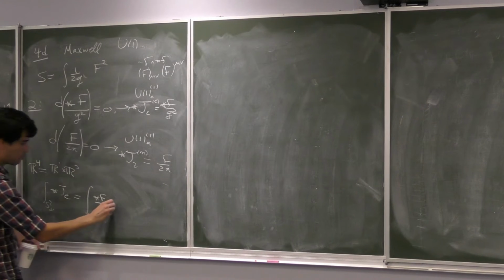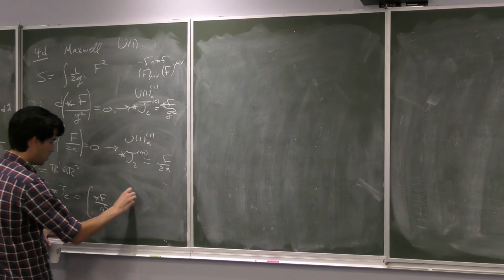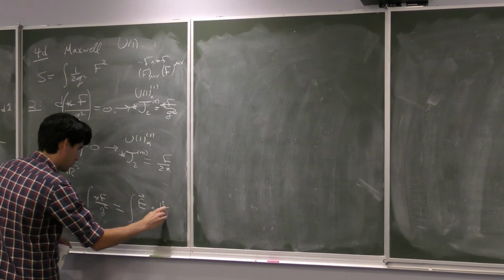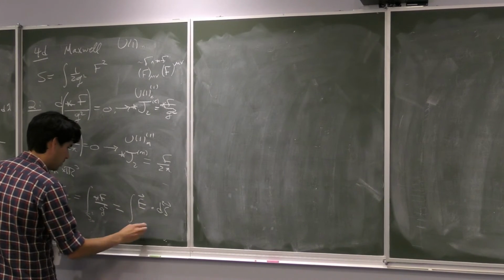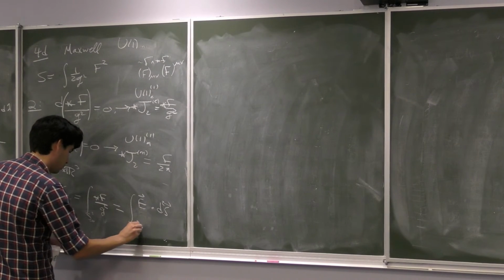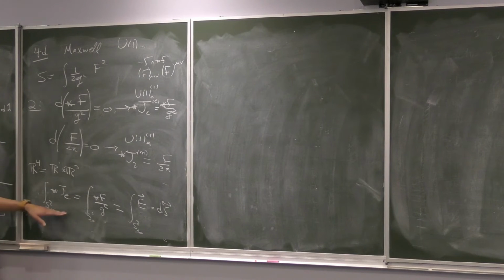So I'm just going to tell you what it means when you pull out the indices. This is the integral of the electric flux at infinity. So that's not totally obvious, but it's true. I'll just tell you that it's just true.